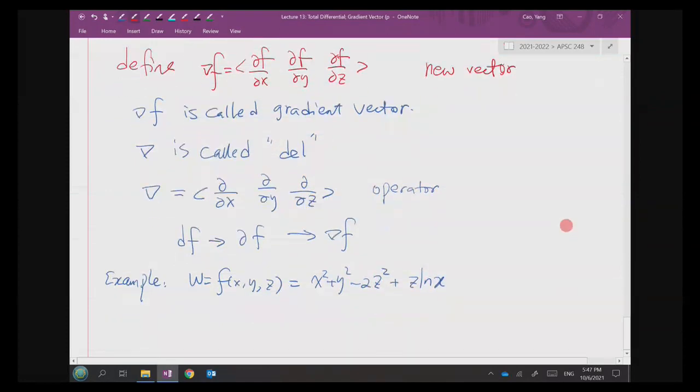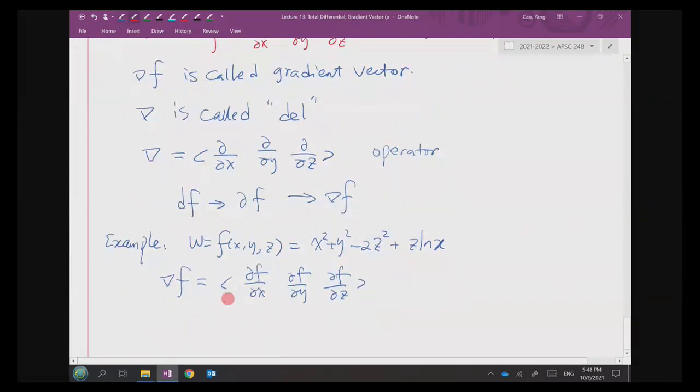Suppose you have this function here, and you are required to calculate del f. It's pretty much an exercise of partial derivatives. All right, so then all I need to do is calculate each partial derivative and then put them together as a vector.